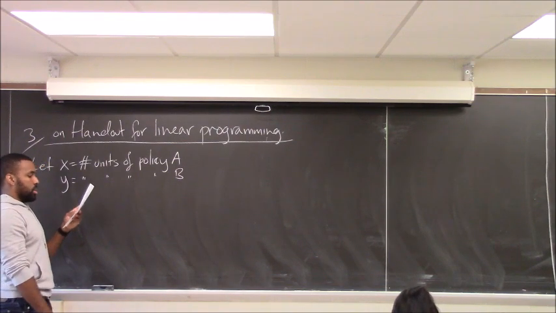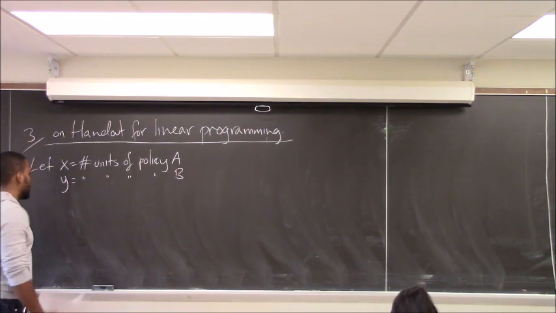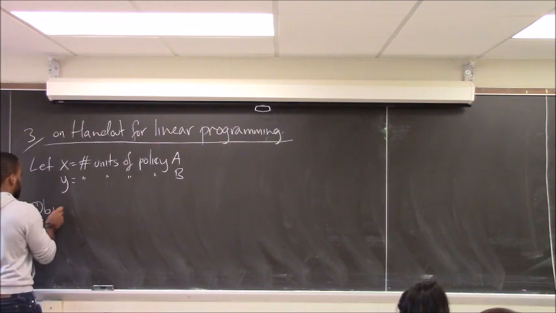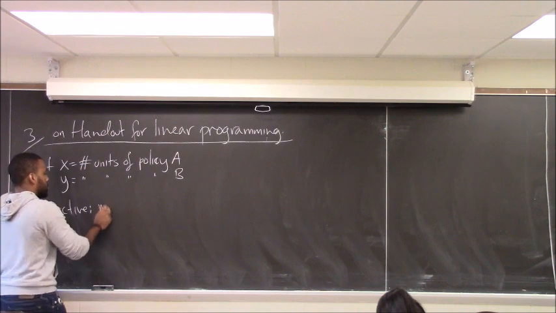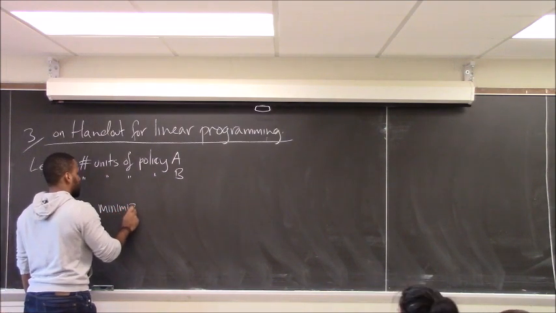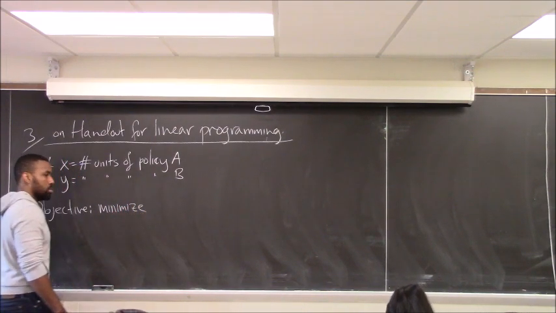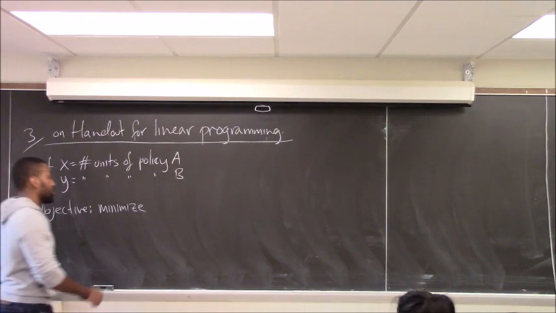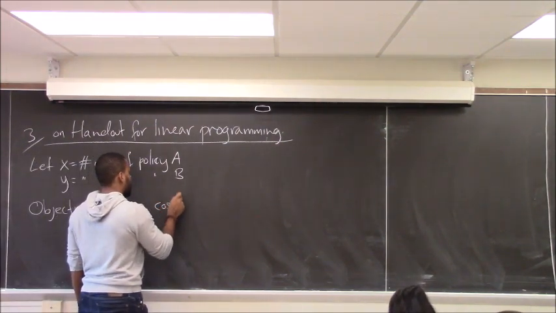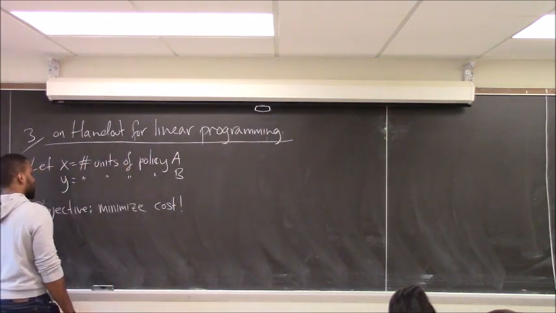All right, what do we want? What is our objective? We want to minimize something. Minimize what? Premiums. We want to minimize the cost of the premiums. What is the cost here?